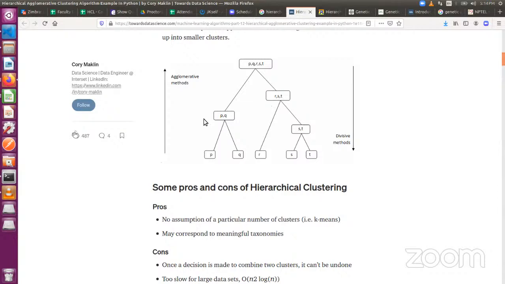Now, if I want 3 groups, I would stop in the previous step itself. So PQ, R, and ST would be the three different groups. So based on the requirement, I can stop at any level. If we complete this, we find out how the grouping is being done, the path taken. So this is the basic idea. Any doubts in this?